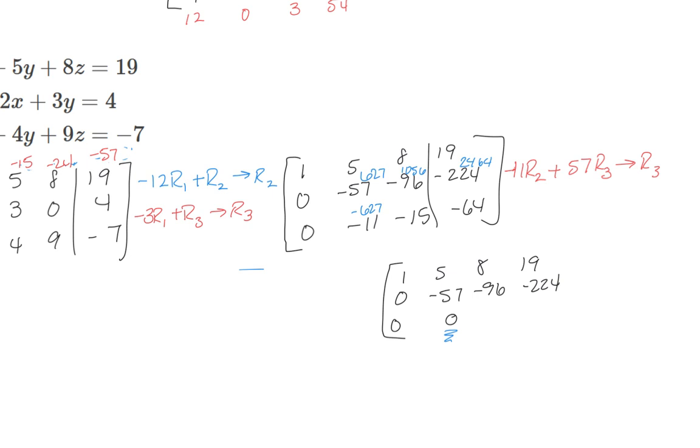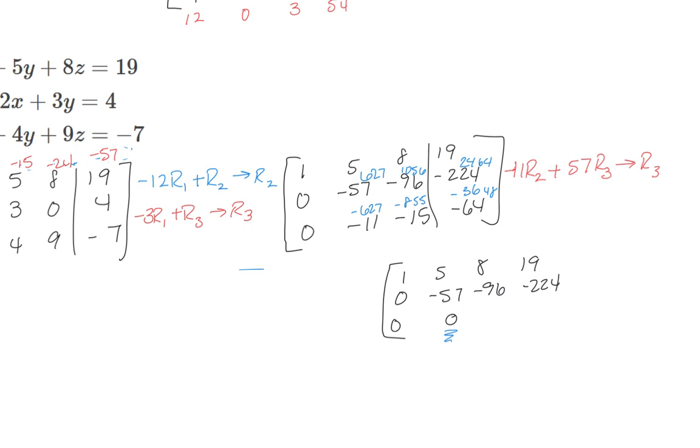And then the 57 times the 15 is -855. And then the -64 times the 57 gives me a -3648. So now I'm going to do the 1056 minus the 855.